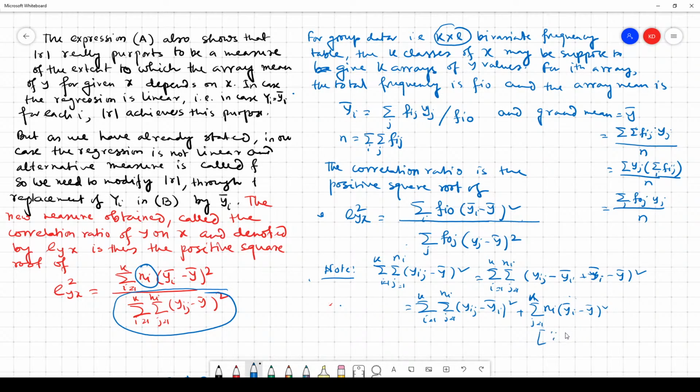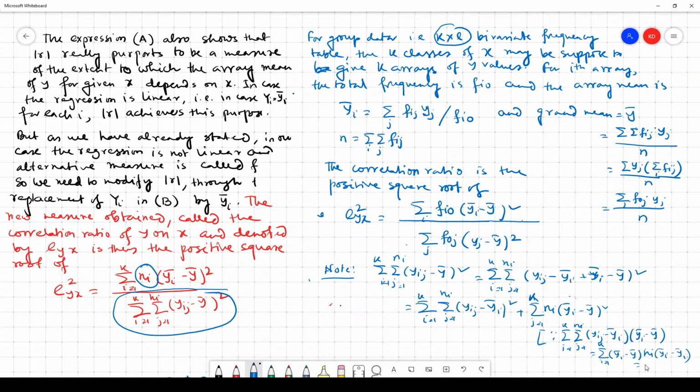since the cross product term, that is, sum over i from 1 to k, j from 1 to ni, of yij minus yi bar times yi bar minus y bar, can be written as sum over i of yi bar minus y bar into ni times yi bar minus y bar.